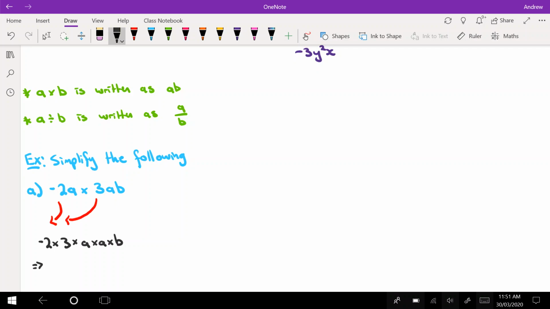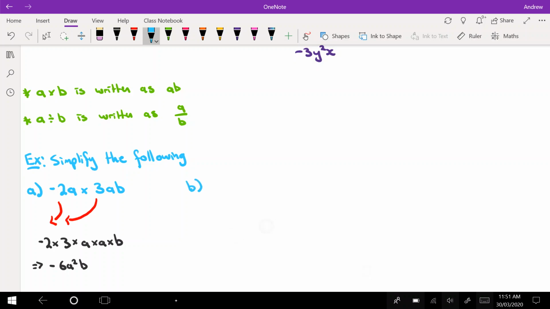And that goes to negative 6a squared b. Now you can go from there to there. That is absolutely okay, but I'm just doing it for the sake of the explanation if you don't understand how I've done some of my working.